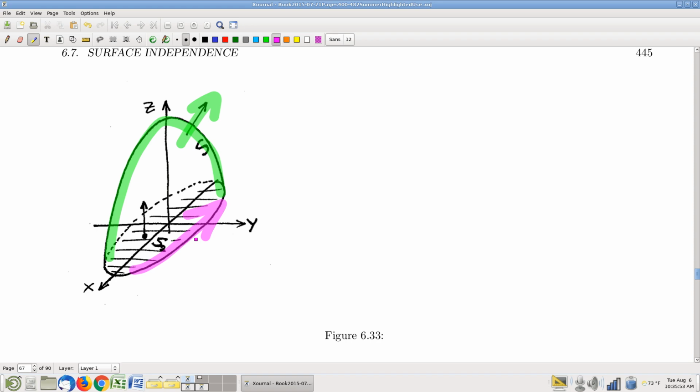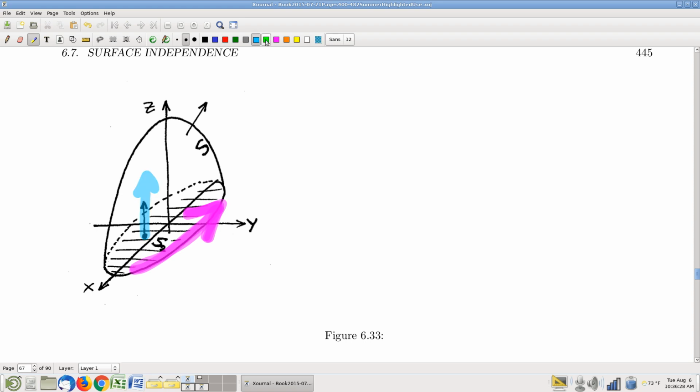Now, next question: what orientation on this would induce the same orientation on that boundary curve? And you just got to play the game. Two different options. One option: if I went like that, well, down, swirl, that's going to take me the wrong way. That would take me around like that, which is wrong. So let's try the other way.